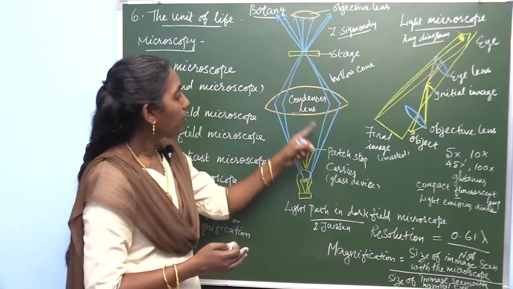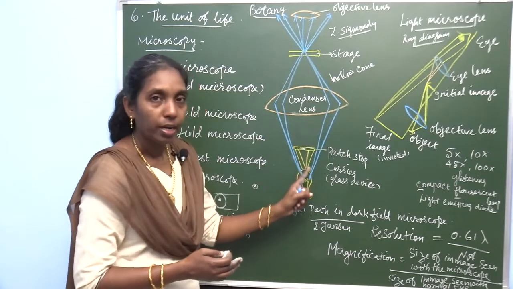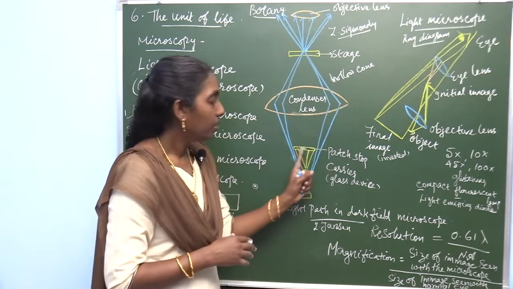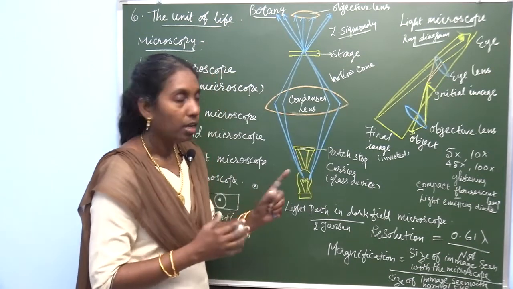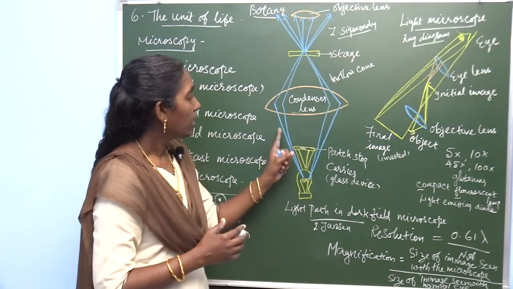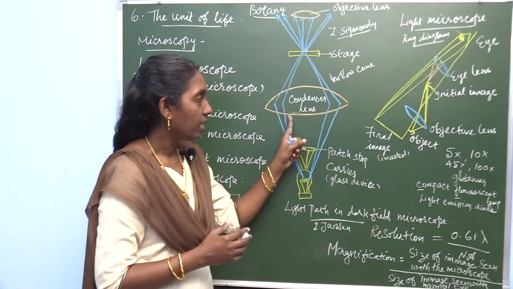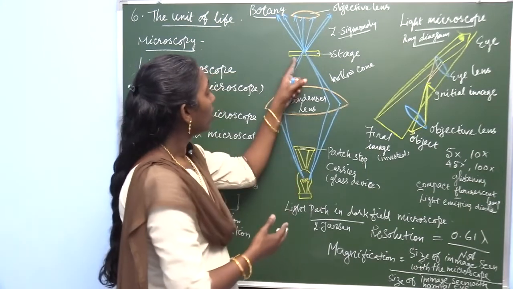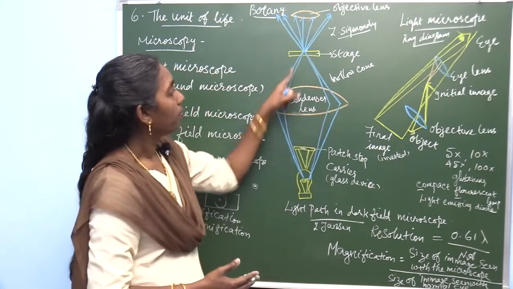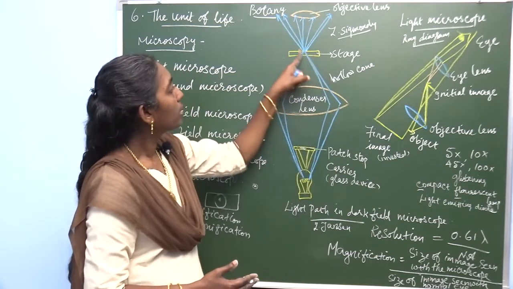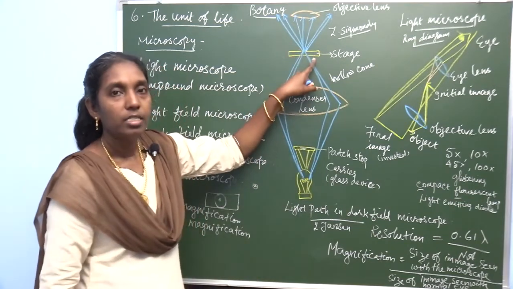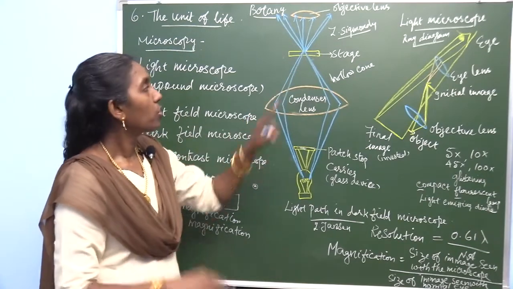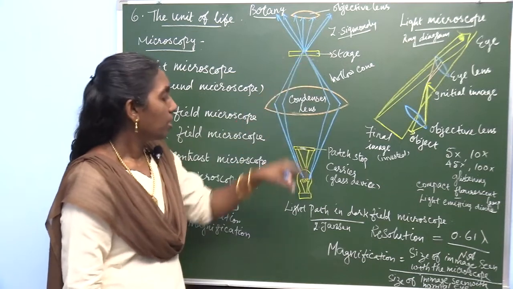When the light rays pass through the small pore around the margin of the glass device, they focus on the condenser lens, and the light goes as a hollow cone. It goes to the object, which is present here on the stage, the adjustable platform.